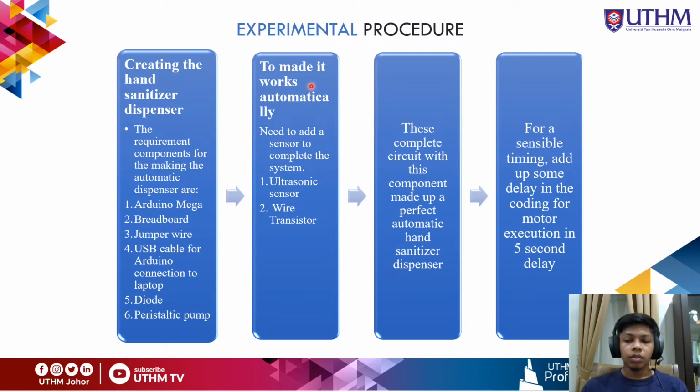Next, to make the sanitizer dispenser work automatically, we need to add a sensor to complete the system, which is the ultrasonic sensor as the main component, and then the transistor. This complete circuit makes up the automatic hand sanitizer dispenser. For a sensible time, add some delay within the coding for the motor execution, a 5 second delay.